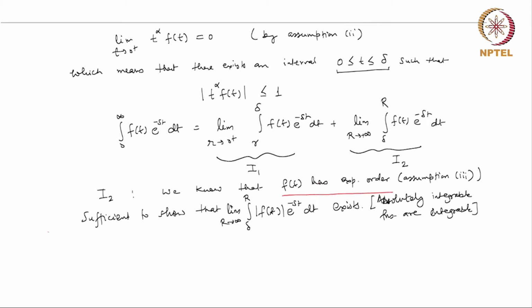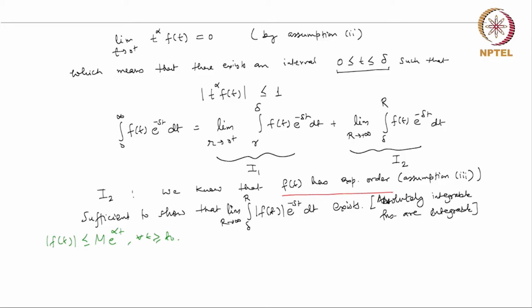order, which means that we have an inequality for f(t): the modulus of f(t) is less than or equal to M e to the power alpha t for all t greater than or equal to some t naught, right?